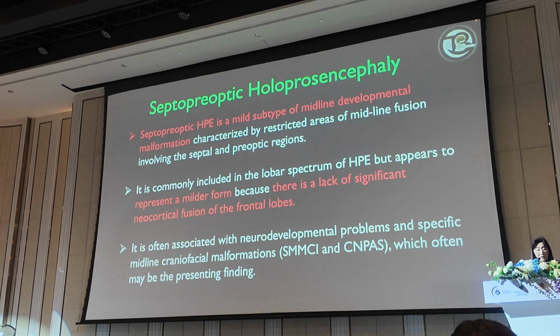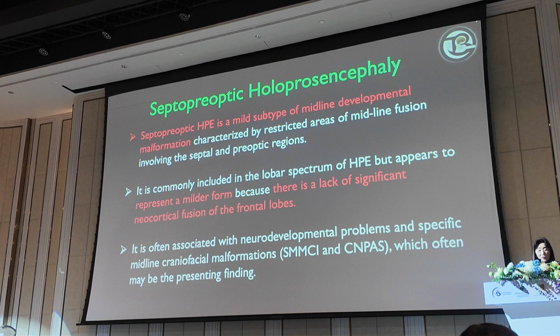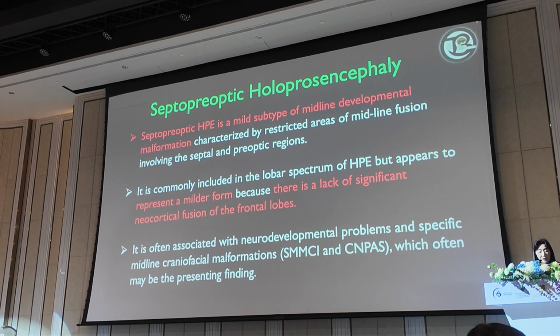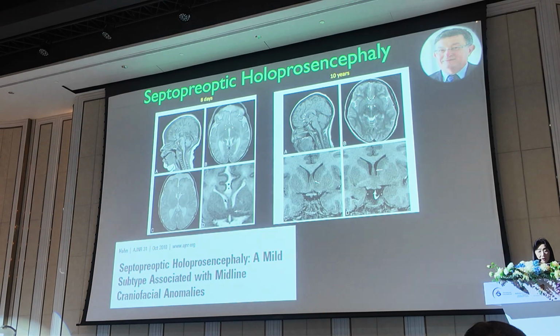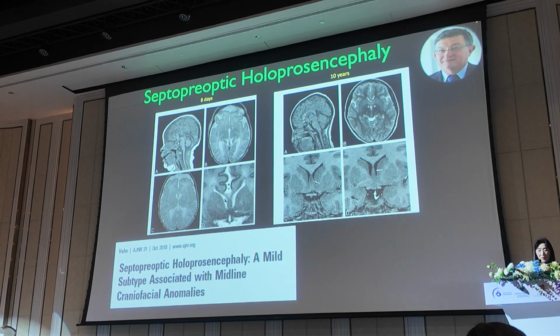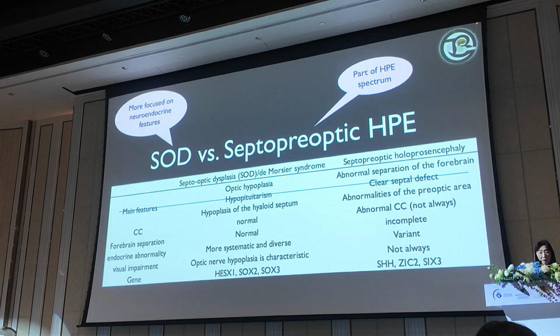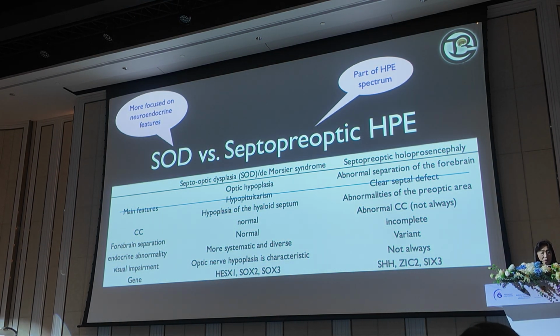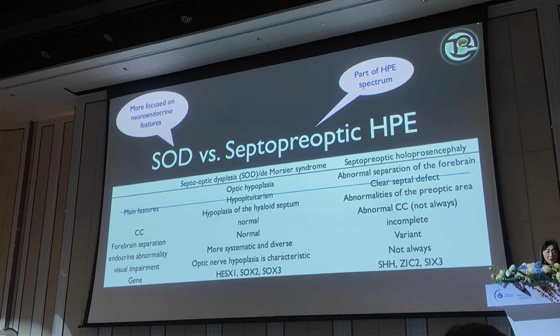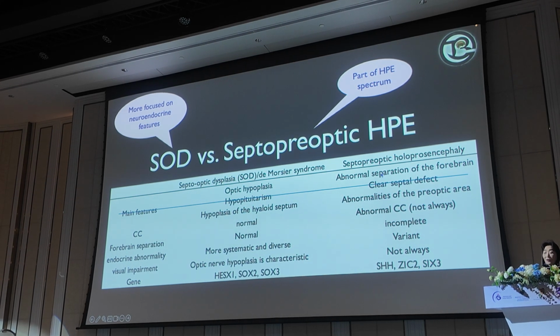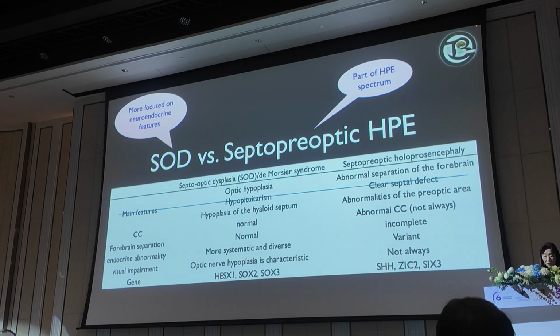And also, septo-preoptic holoprosencephaly has recently been introduced, and sometimes this is about septo-optic dysplasia. However, septo-optic dysplasia is more focused on the neuroendocrine features, whereas septo-preoptic holoprosencephaly is a part of the holoprosencephaly spectrum.